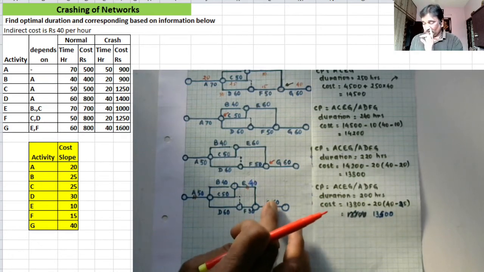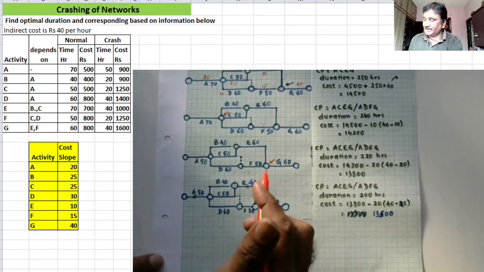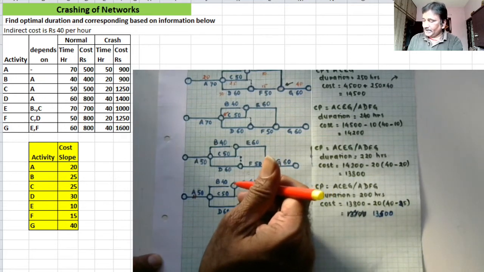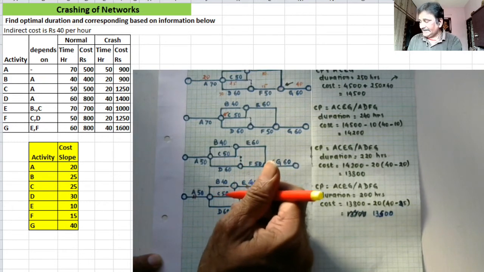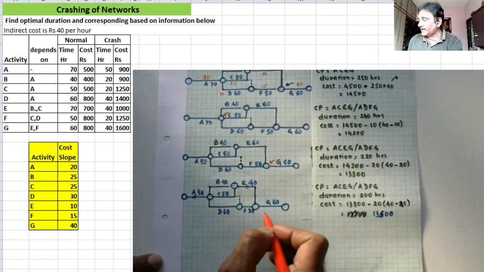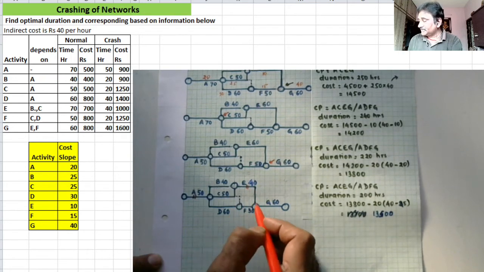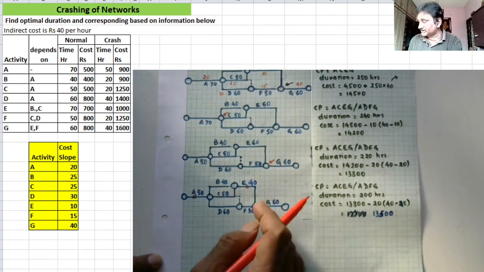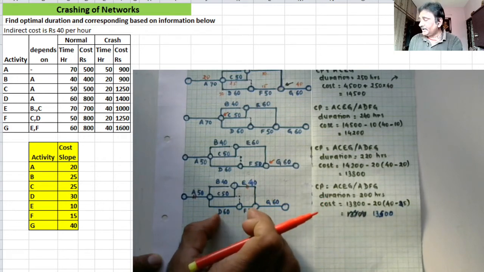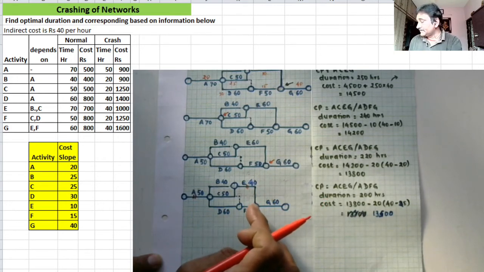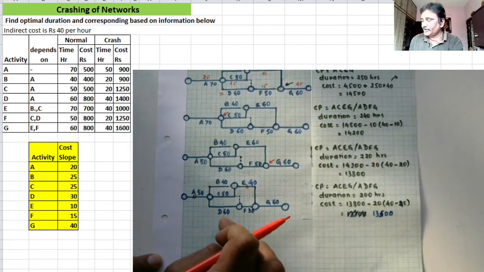When you look at this network technically, wherein you apply pressure here and try to crash this activity, to the extent of the slack here, there will be some buckling on this side because of the connections on this side. This will also get pushed inside, but there is heavy resistance.